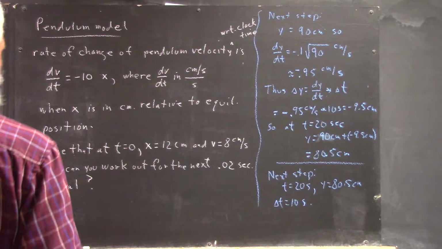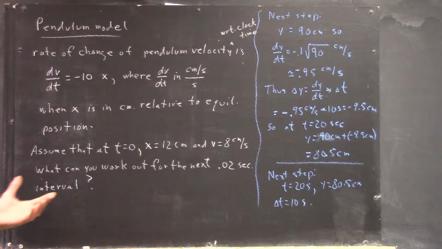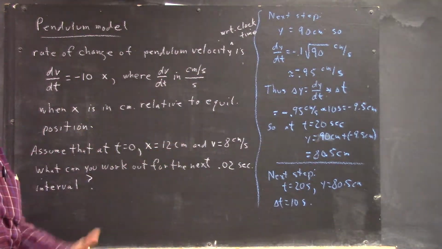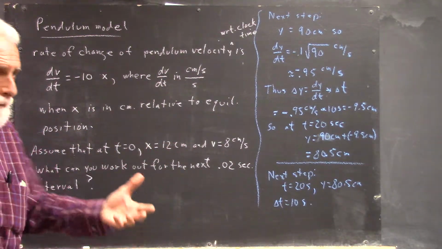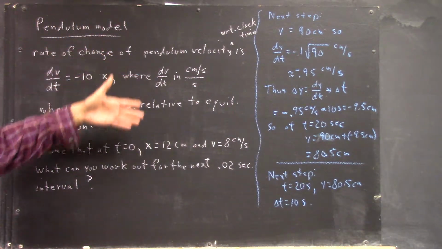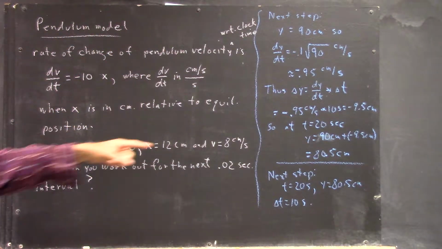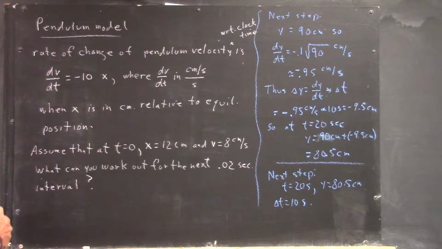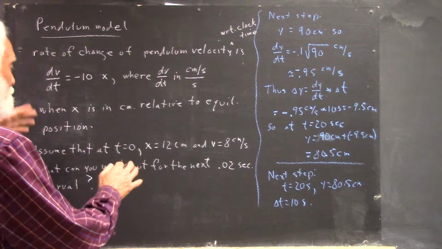Okay, so very easily then, if we confine ourselves to what we can actually do and don't try to use numbers that don't fit anything that I've got here, like that 8 centimeters per second, it's easy to see how we could do that.